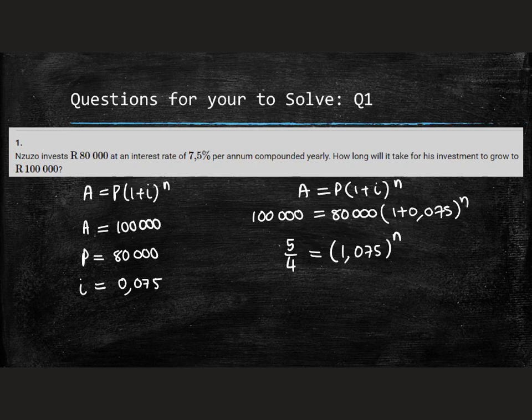And I'm going to convert it from exponential form into its log base form. So we get log of the interest component, 1,075, and the quotient of the future value divided by the present value. And we put that into our calculator, and we find that n is 3,09 years.